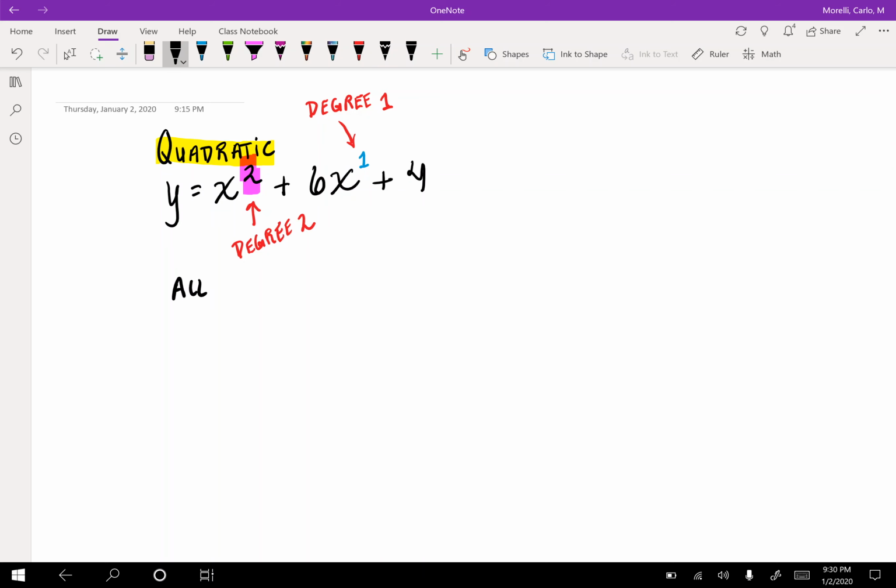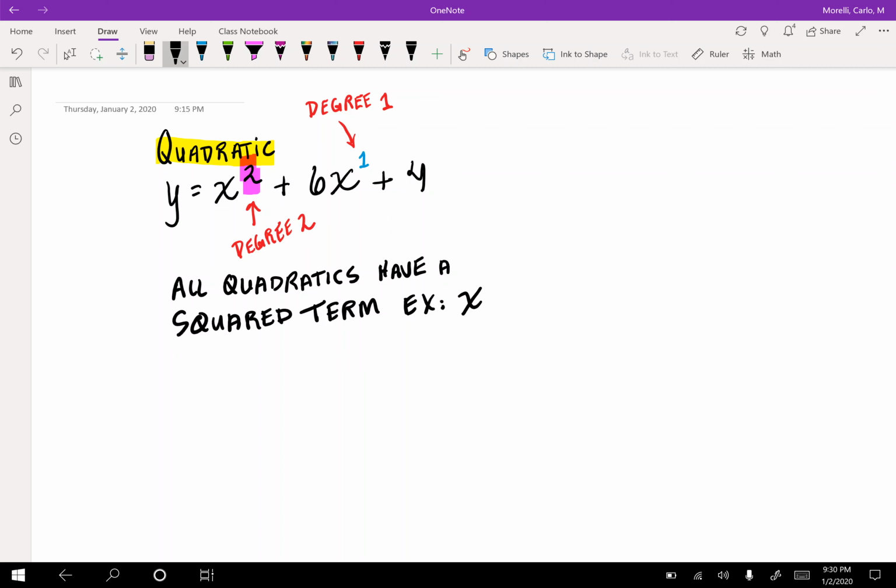All quadratics have a squared term. Example, x squared. So that's why this is called a quadratic.